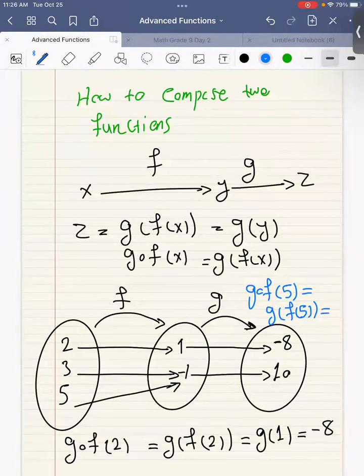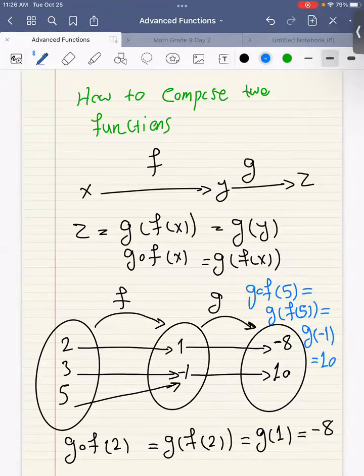So this is equal to g of, what is f of 5? f of 5 is -1. So this is equal to g of -1, which is equal to 10. Right?